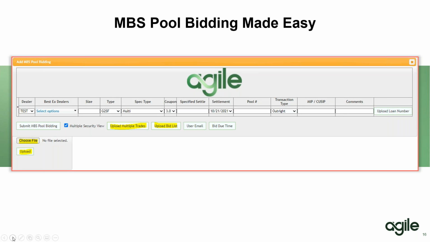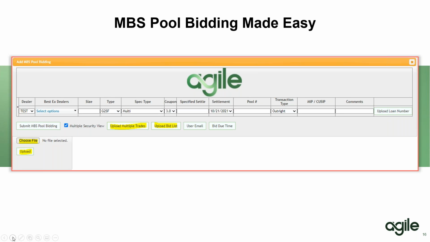So the beautiful thing here is that you have multiple ways to define what your pools are. If you have one pool, or if you have 10 pools, we're trying to make it as easy and efficient as possible to get those pools into the system so you can send them out for bid from your dealer list.